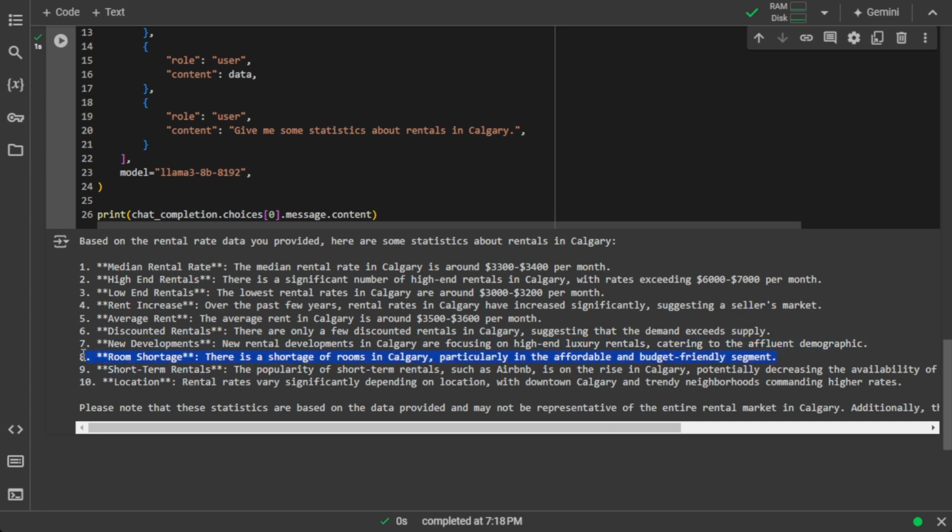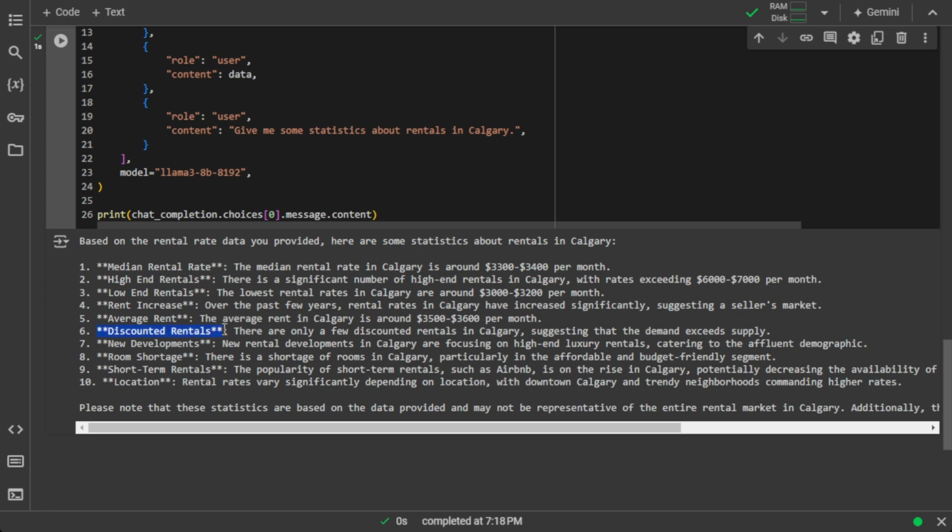Is this an opinion based on the ratio of rental listings actually coded as room for rent relative to apartments, condos, townhouses, basements, main floors, houses? Short-term rentals such as air. Okay, so again, is this demonstrating contextual knowledge? Probably, general contextual knowledge that I didn't feed it. Talking about Airbnb and stuff. Location. Rental rates vary significantly with downtown and trendy neighborhoods. Okay, that's just a general statement.